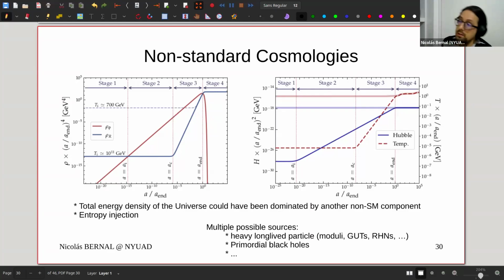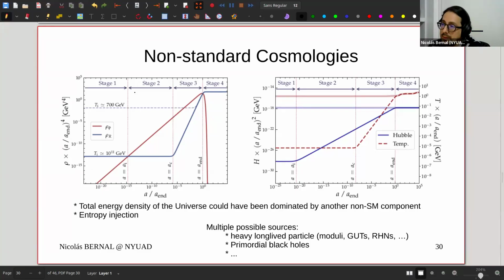And bingo, you can trigger an early matter domination. But you can also have, in the context of primordial black holes, very light black holes with masses in the ballpark of grams, kilos, or even tons. They will Hawking evaporate very early, before the onset of BBN, and they could also trigger eras of matter domination, so primordial black hole domination.